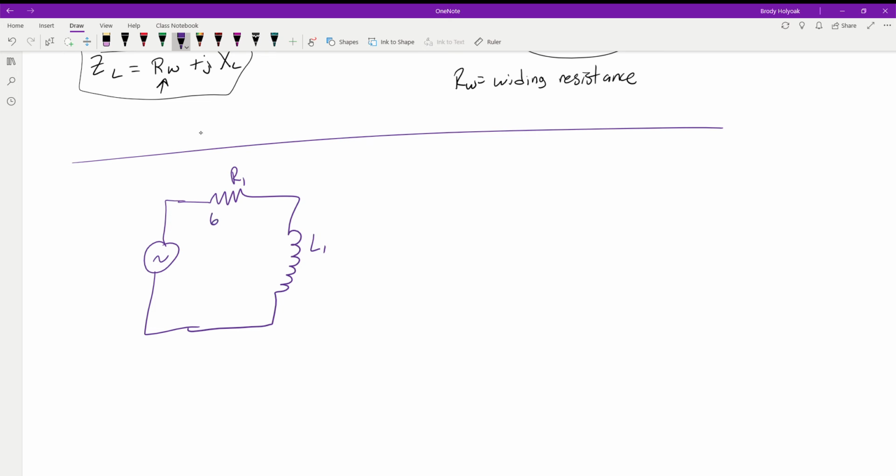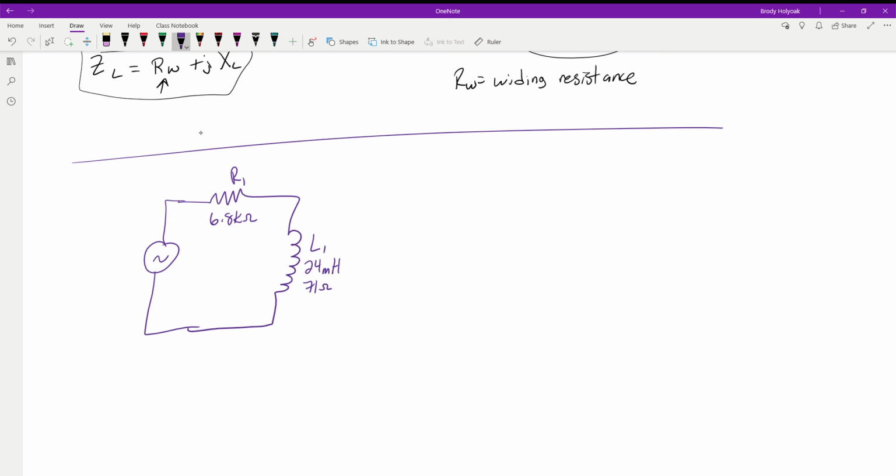R1 is 6.8 kiloohms. Our L1, our inductor, is 24 millihenries, and it has a winding resistance of 71 ohms. So this is how you'll see me write it down, and that's how you'll see it in a lot of the books: they'll put it just underneath, and as long as it has the ohm symbol, you know that's my winding resistance, so we have to treat it as such.